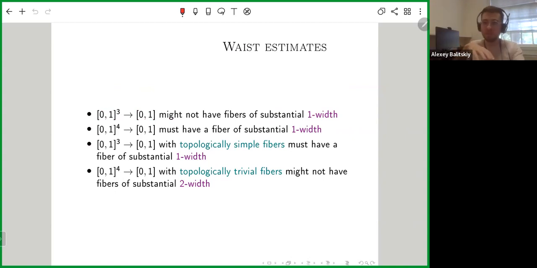In the example of Gromov, the fibers have large topological complexity, but you can try to bound the topological complexity or somehow take it into account, and then come up with different waist type of estimates. I listed the four simplest examples here, but maybe it's too technical to go through.